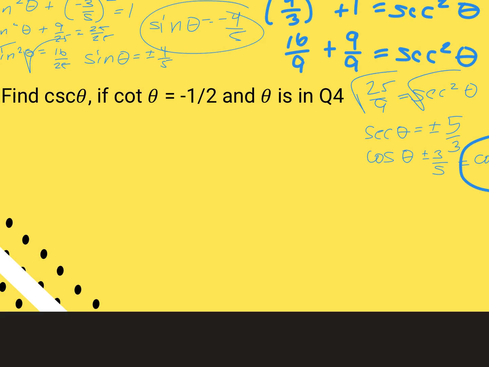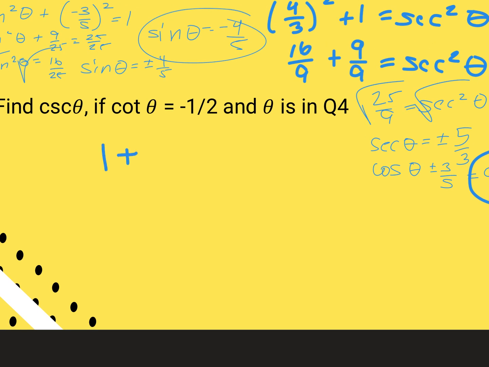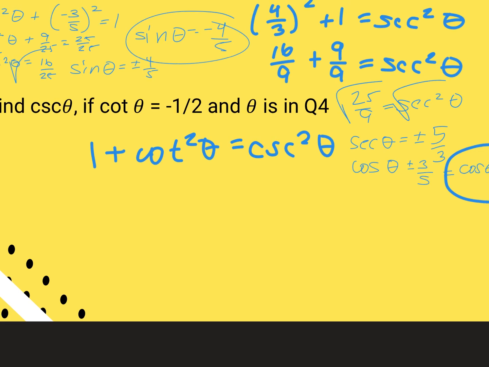What Pythagorean identity am I going to use for this one? It has cosecant and it has cotangent. 1 plus cotangent. Perfect. 1 plus cotangent squared equals cosecant squared. All right, so what did they give me? Did they give me the cotangent?